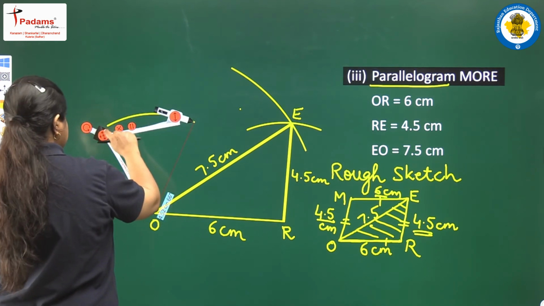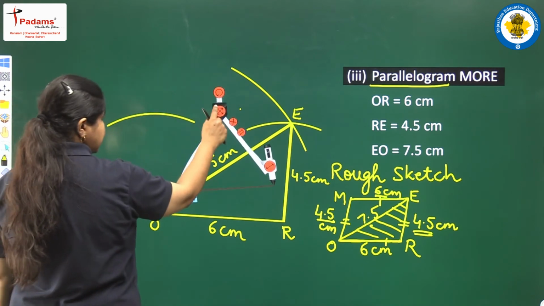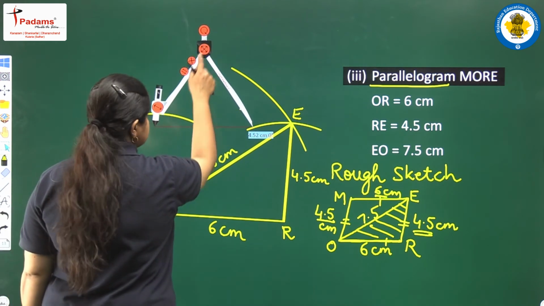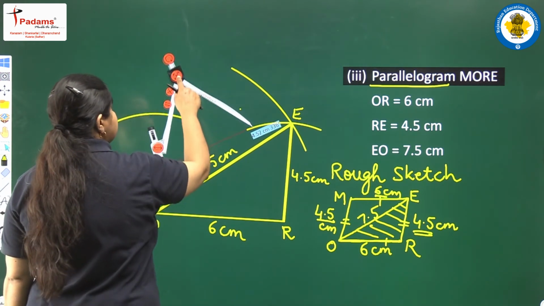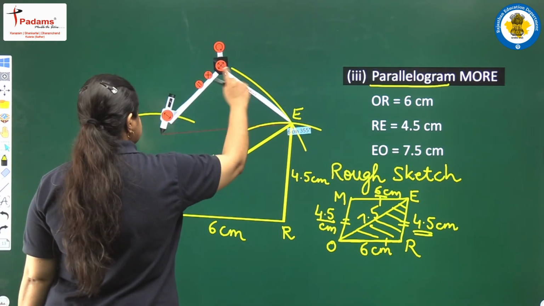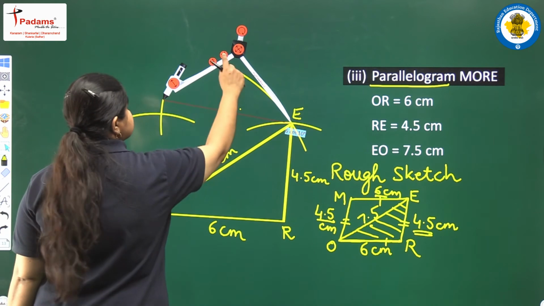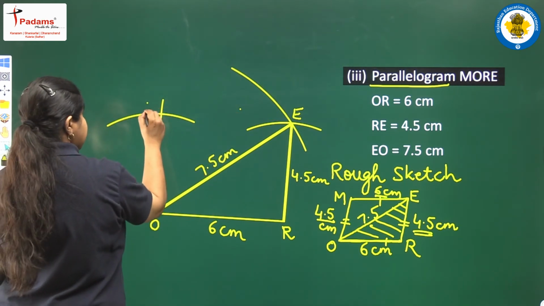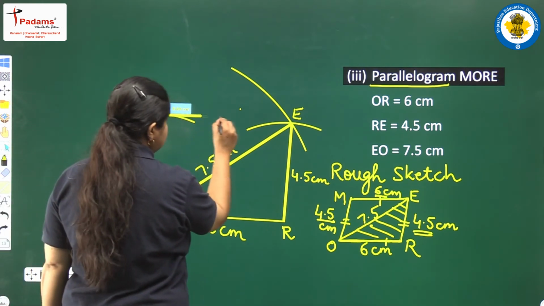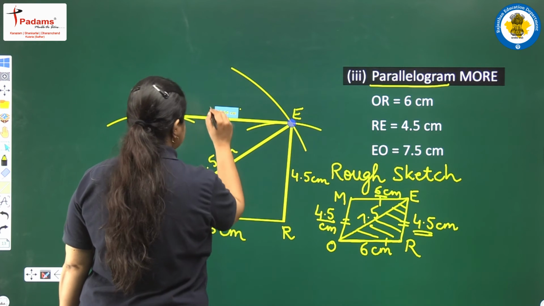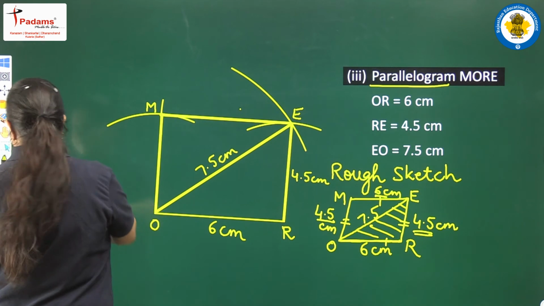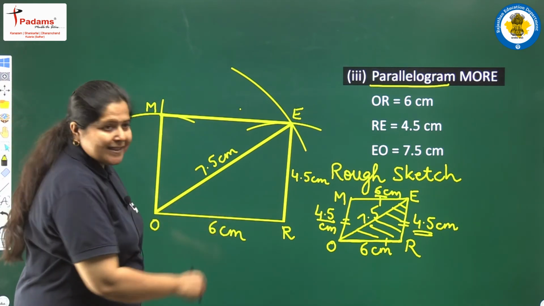Then what next we need to do is interchange, take this point to E, 6 centimeters, bring it here and draw this arc. Yes, we get this point as M. Now simply we need to join this M with E and this M with O, and then we get our required parallelogram.